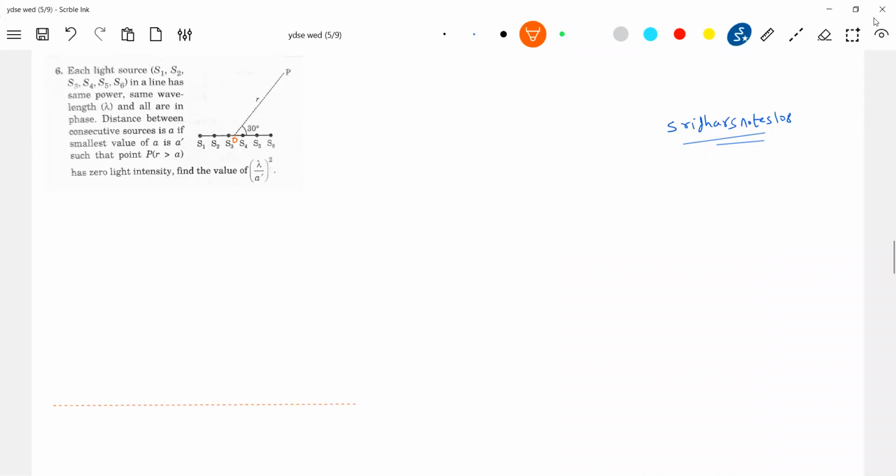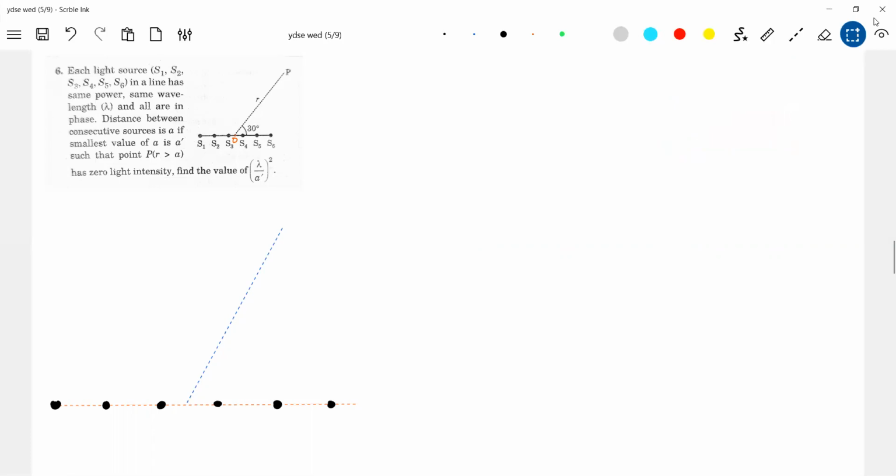There are 4 sources, no? Now these are the set of sources.